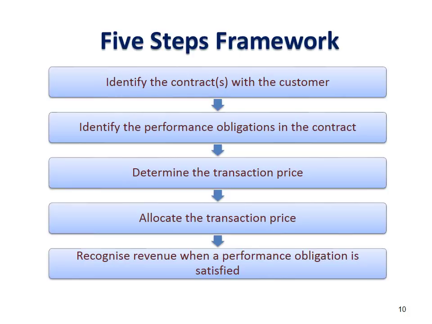When you look at this framework, it has made things very clear and very simple: every transaction or every question of recognition of revenue has to pass through these 5 steps. Earlier under Ind AS 11 and 18, there was a requirement of separating elements, there was a requirement of fair value.